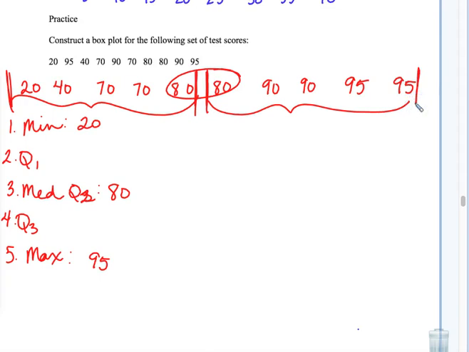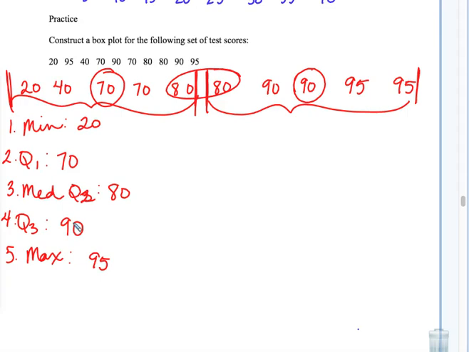And then Q1 is the middle of the lower, which is 70, and Q3 is the middle of the upper, which is 90. Those are the numbers that we'll use for our box plot unless any of those are outliers.